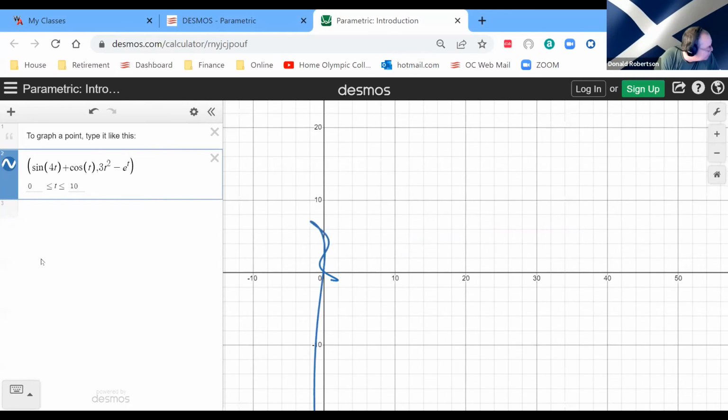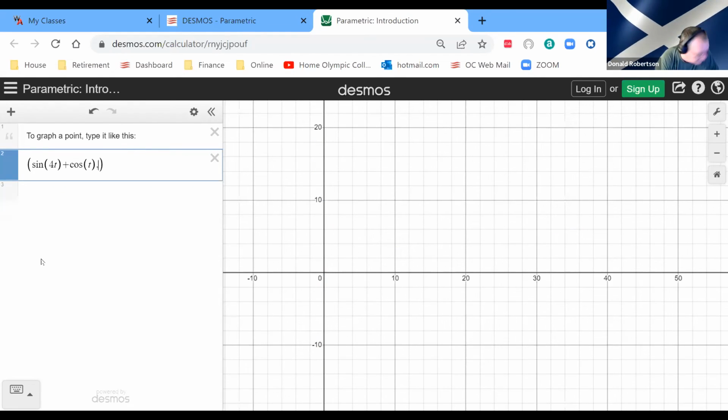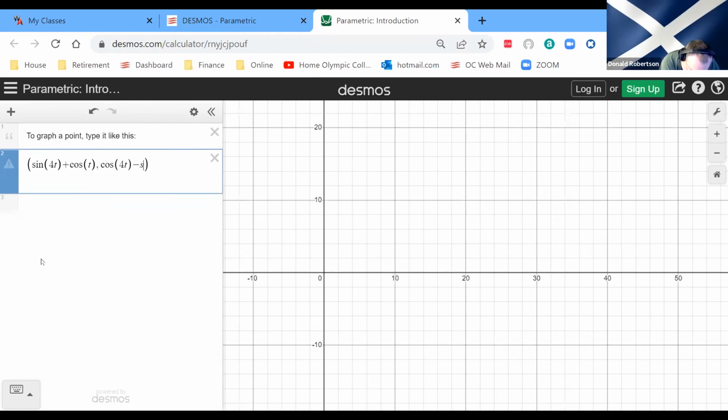And then it's going to be plus cosine of t. So let's do that one. So it's cosine of 4t, take away a sine of t.